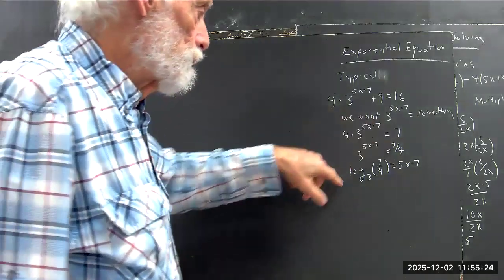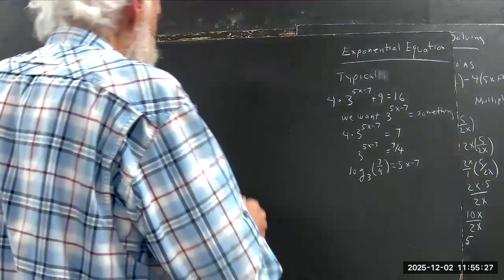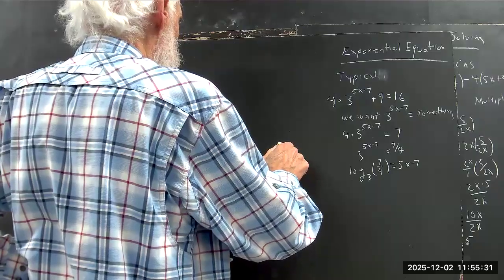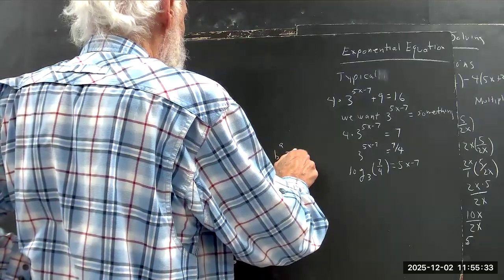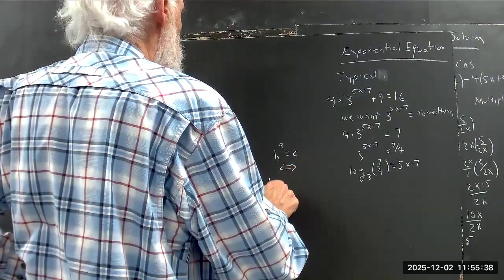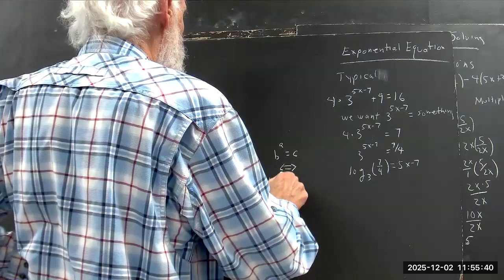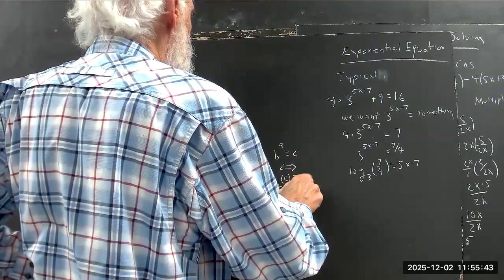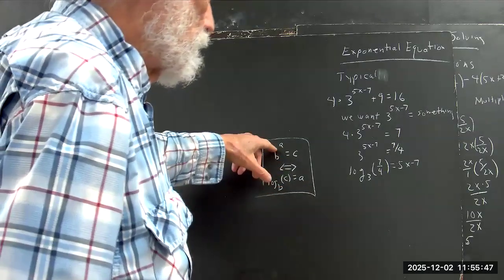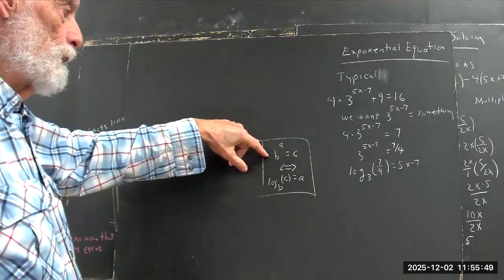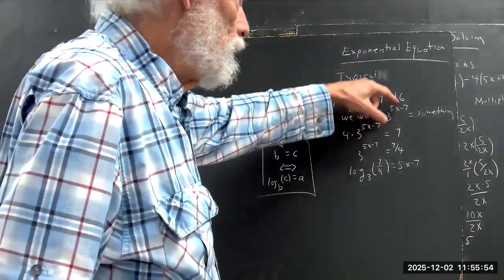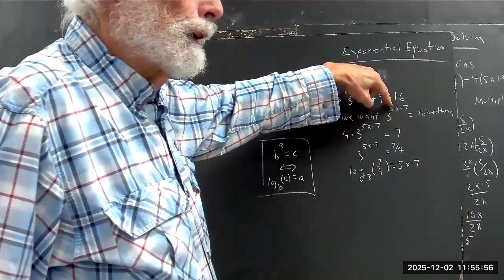Now, how did I do this translation? I used the fact that b to the a equals c is equivalent to log base b of c equals a. If you have an equation in this form, you can change it to this form. And that's handy if the variable you're looking for is in an exponent.